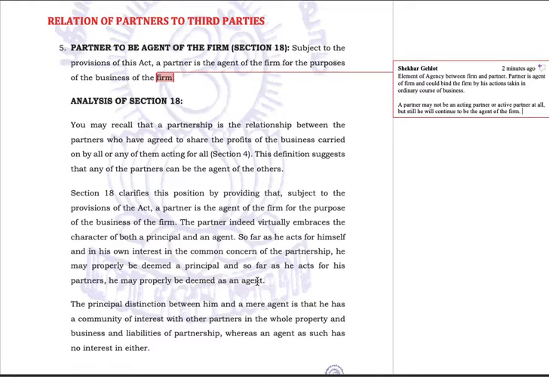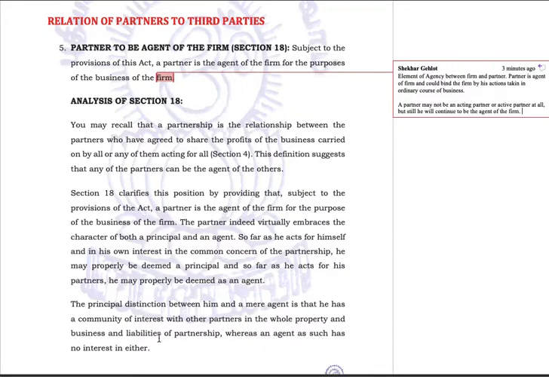He is principal as well as agent. The principal distinction between him and a mere agent is that he has a community of interest with other partners in the whole property and business and liabilities of partnership, whereas an agent as such has no interest in either.